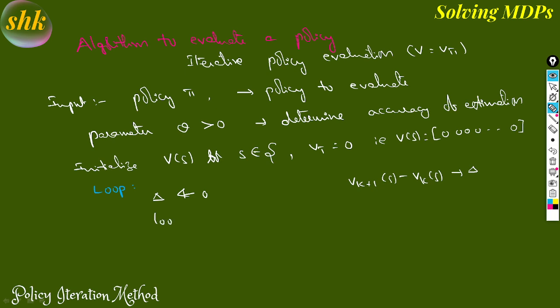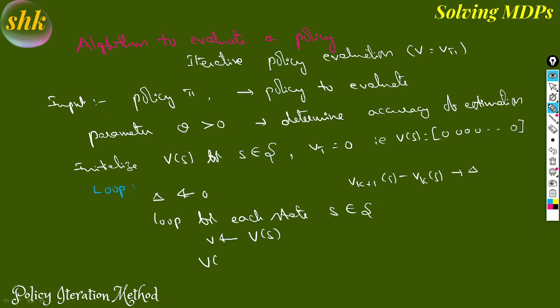Now we are going to loop for each and every state S, where S is a member of the state space S. The previous state value we allocate to the local variable small v for a particular state S; whatever the value was in the previous iteration is assigned to small v.